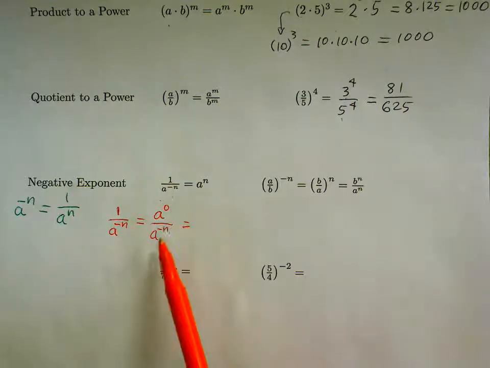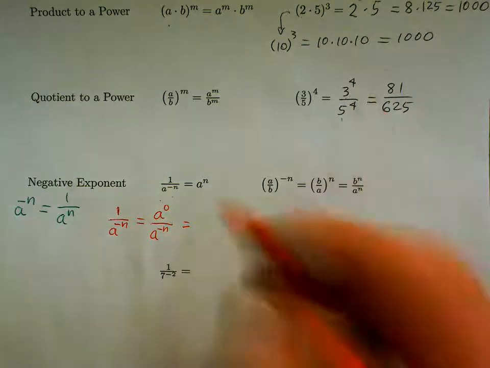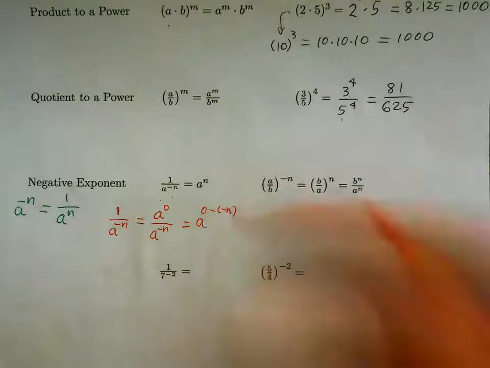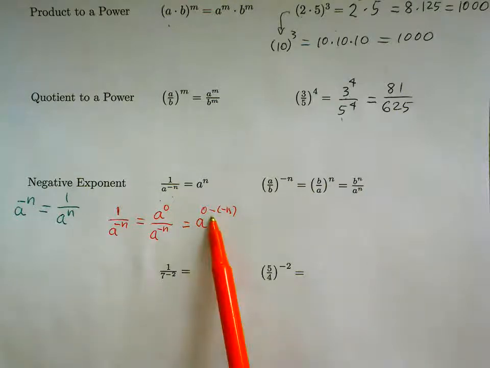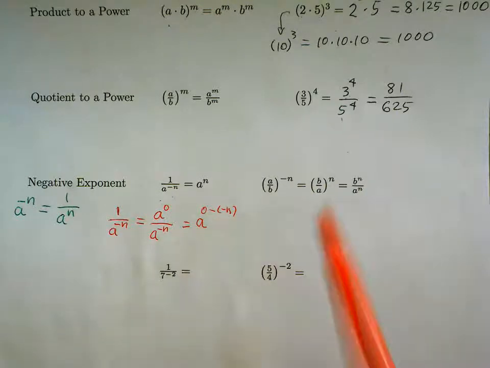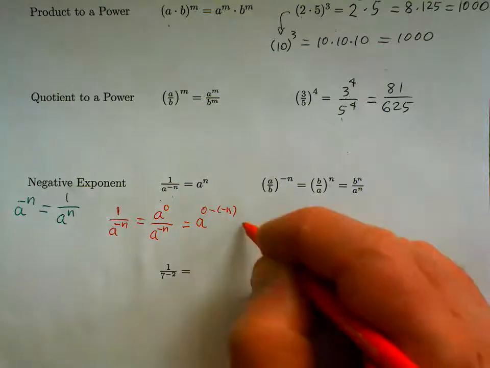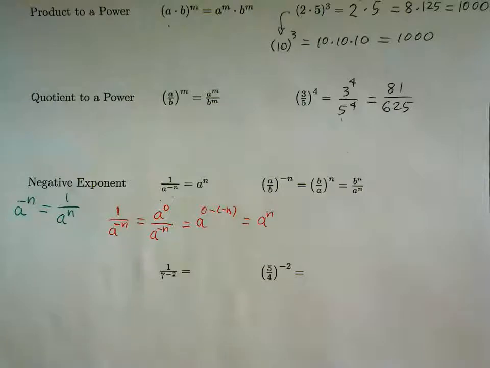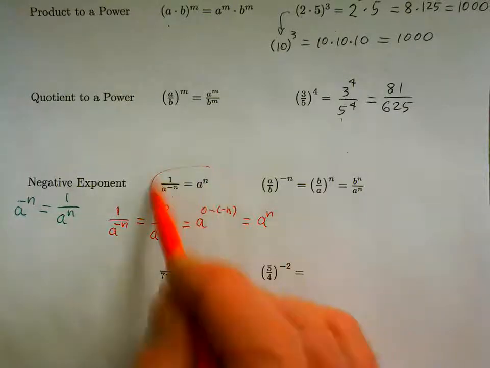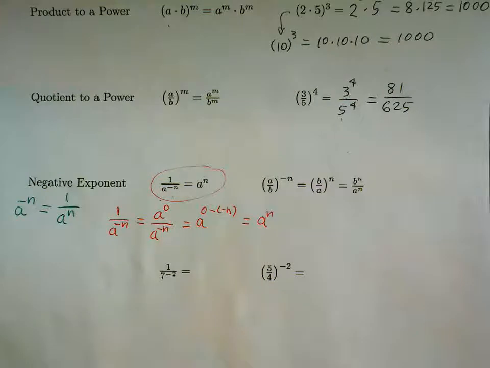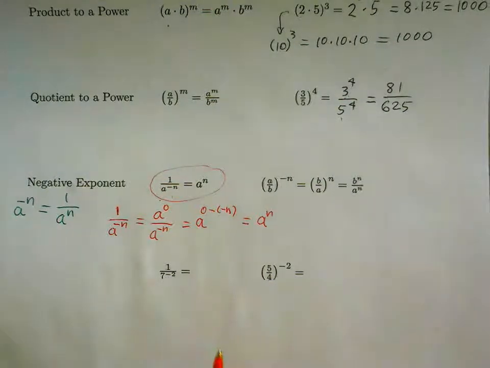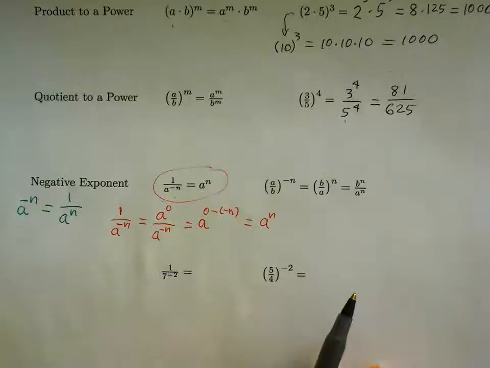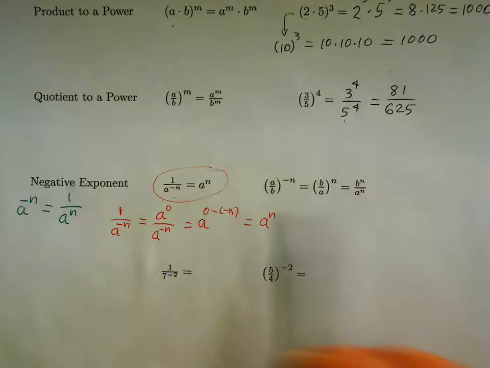A to the 0 divided by a to the negative n is a to the 0 minus negative n. But 0 minus negative n is 0 plus n. So that's just equal to a to the n. So that's what this property says. Another way to think about this, before we do this other stuff.